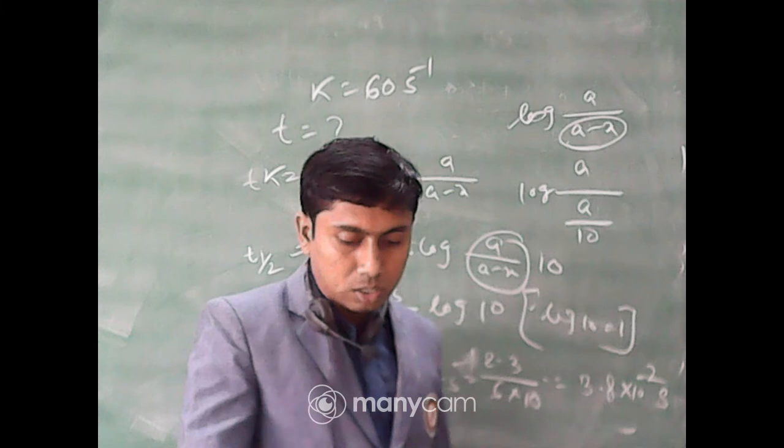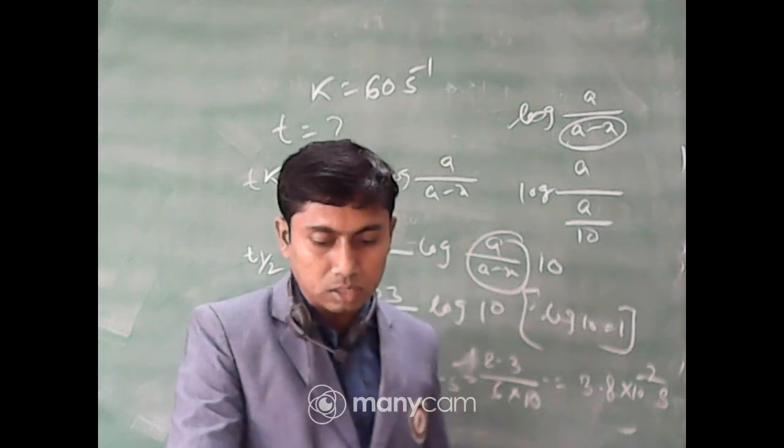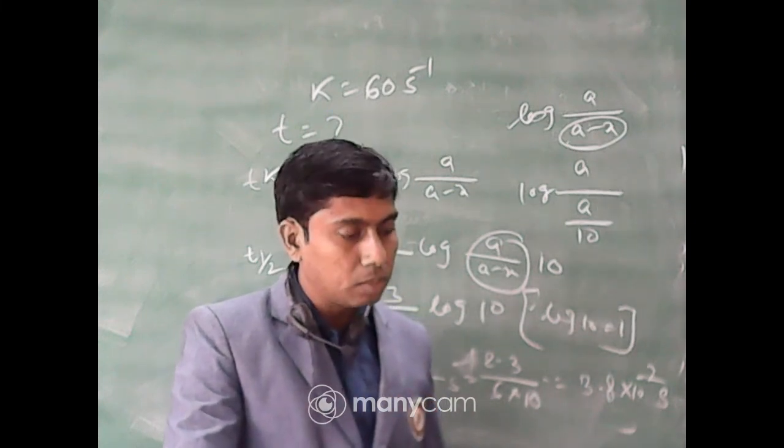Next, the rate constant of a reaction with respect to reactant A is 6 minute inverse.